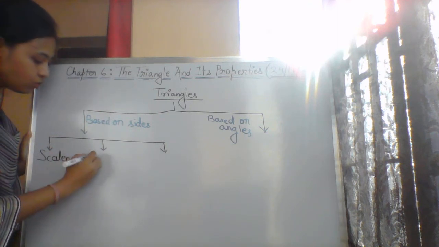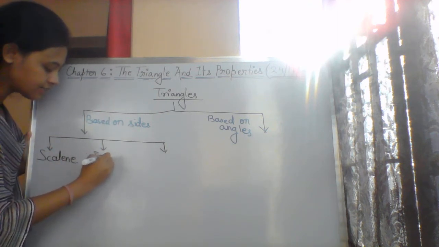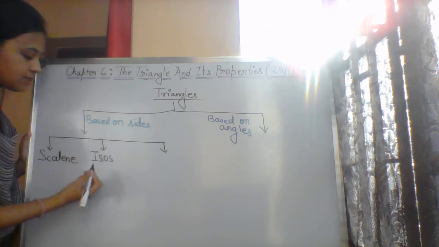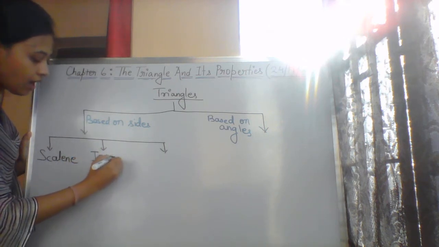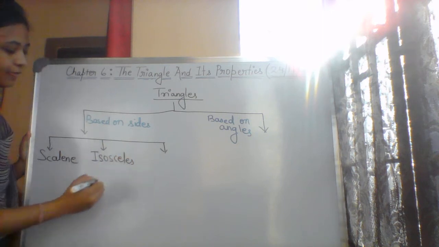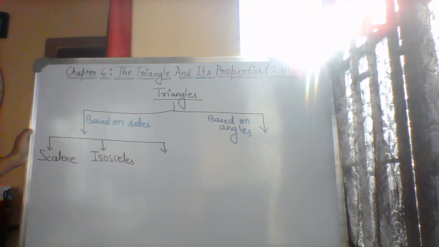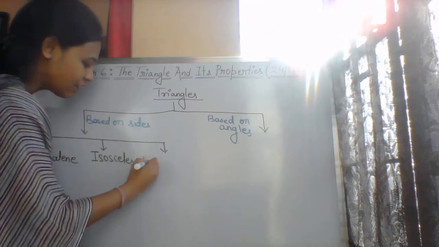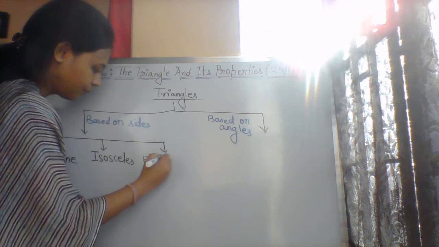If any two sides are equal and the third side different, isosceles triangle. Now if all the sides are equal, that is very easy, yes, equilateral triangle.